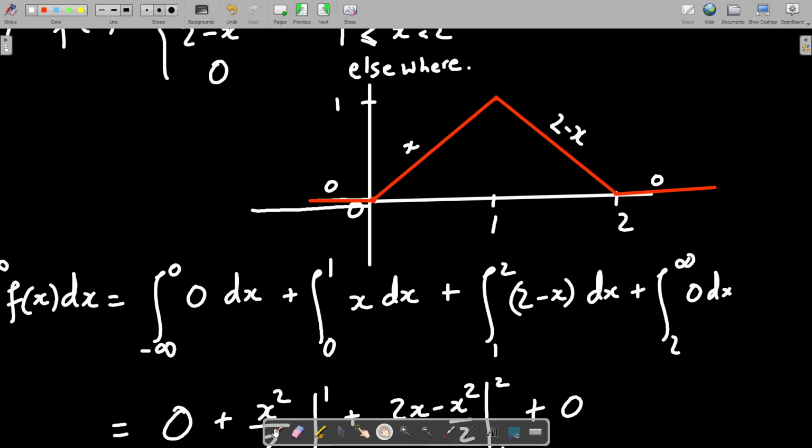See, 1.2 is over here, and you're starting from minus infinity somewhere far away this side. So between minus infinity till 0, the function takes the value 0. Between 0 to 1, it takes the value x. Between 1 to 1.2, it will take the value 2 minus x. Clear? So there are total 3 breaks over here in the interval.